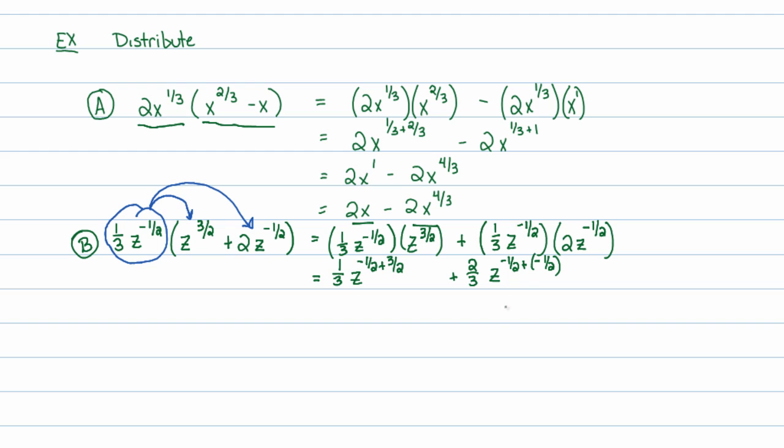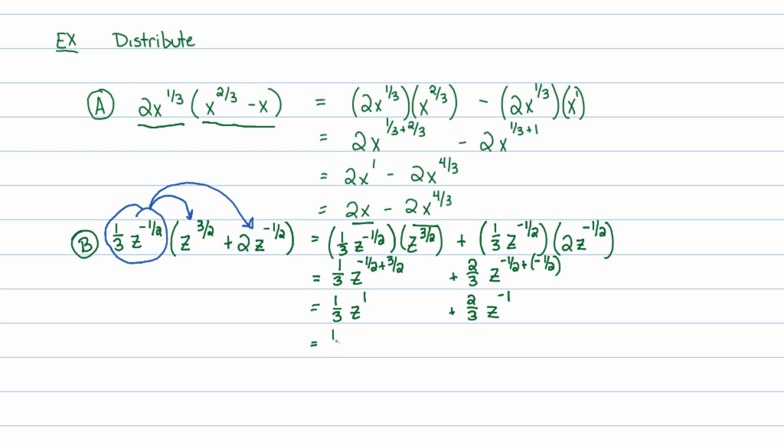You add their powers. That's 1/3 z to the, let's see, negative 1/2 plus 3 halves is 2 halves. So that'll be z to the first, plus 2/3 z to the negative 1/2 plus another negative 1/2, which is a negative 1.